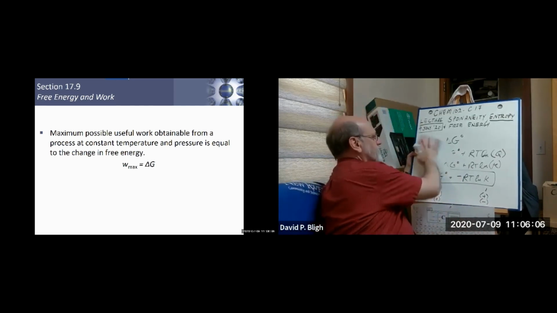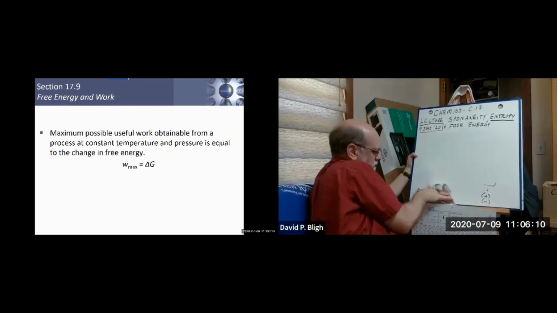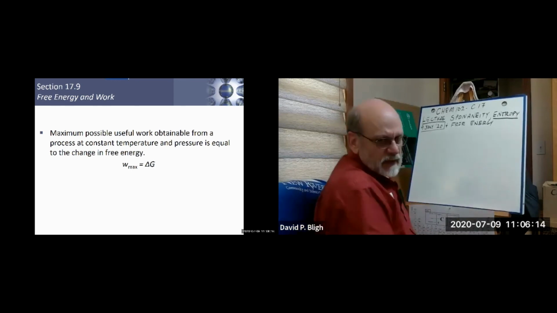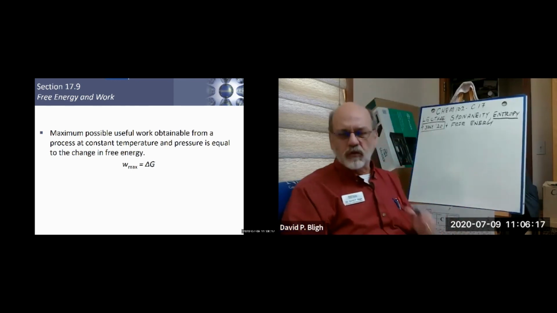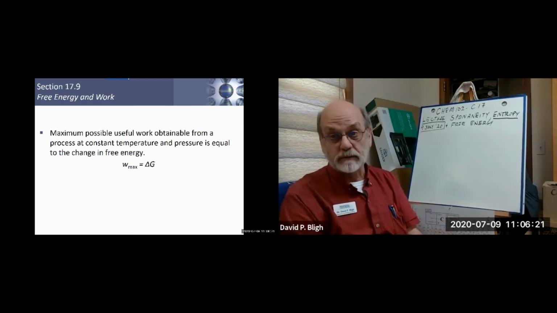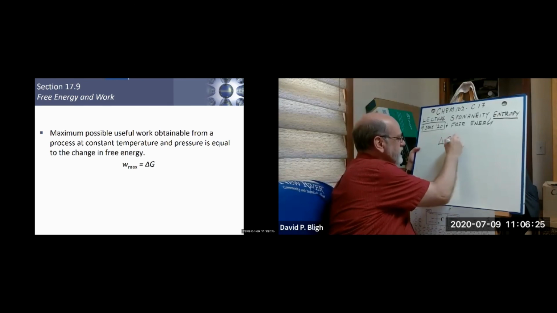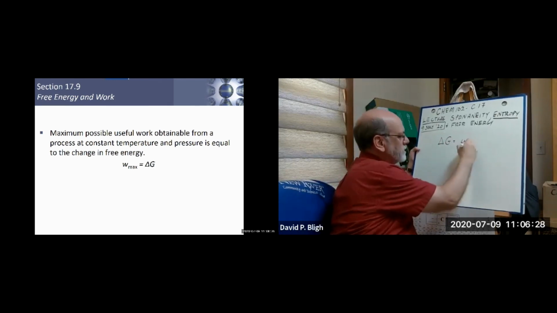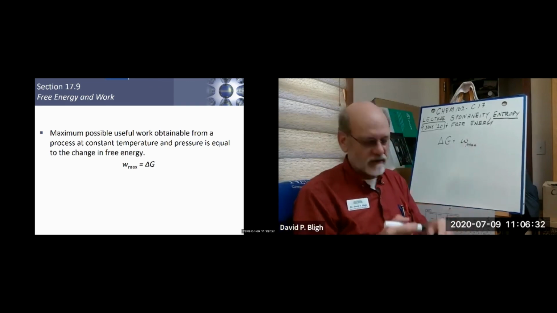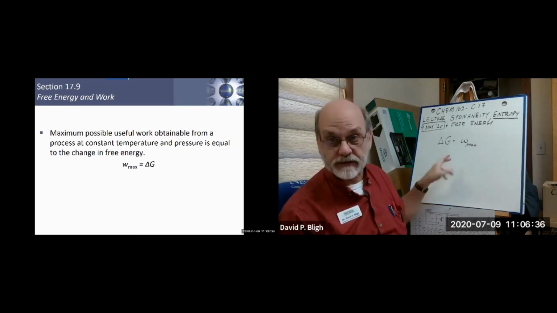Now, remember what Gibbs was trying to accomplish. When he created the formula, Gibbs was saying that delta G represents the amount of energy that's available to do work, right? Which means that delta G is equal to the maximum amount of work that can be derived from a process.